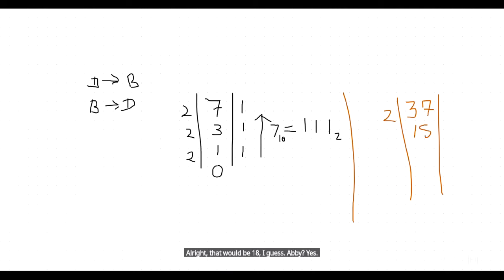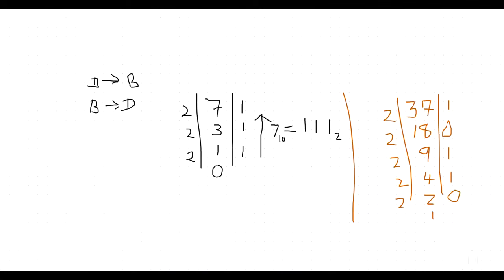Remainder 1. 18 divided by 2, that will be 9, remainder 0. 9 divided by 2, that will be 4, remainder 1. 4 divided by 2, that will be 2, remainder 1. 2 divided by 2, that will be 1, remainder 0.